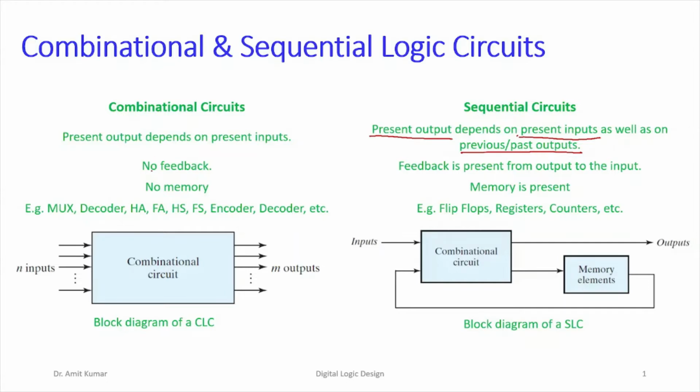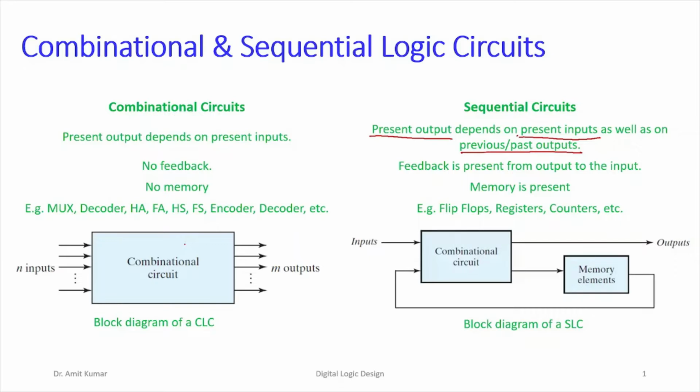Again, the second difference is that there is no feedback in a combinational circuit, while there is feedback present in a sequential circuit from the output to the input. There is no memory in a combinational circuit, whereas in a sequential circuit, memory is present. By the term memory, what we mean is that in a combinational circuit, the output entirely depends on the input.